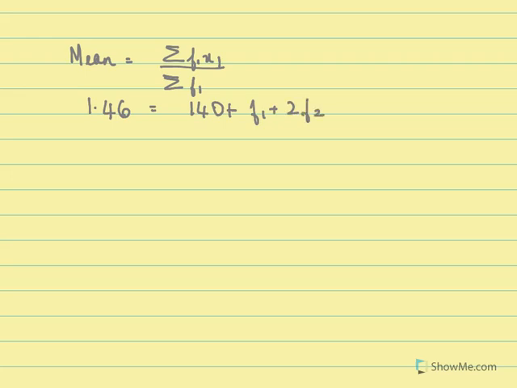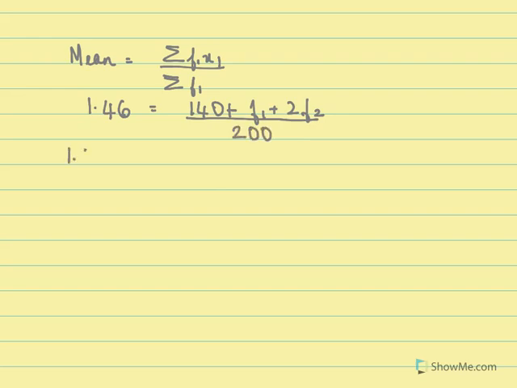We know the formula for mean is sigma Fi Xi over sigma Fi. Now the mean is already given to us as 1.46. Sigma Fi Xi is 140 plus F1 plus 2 F2, that we have found out. And the number of observations, that sigma Fi, or we call it n, is 100.